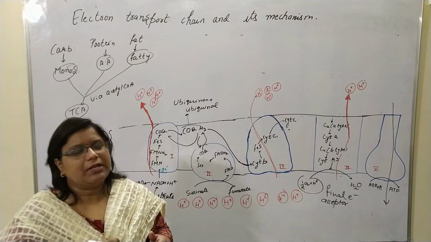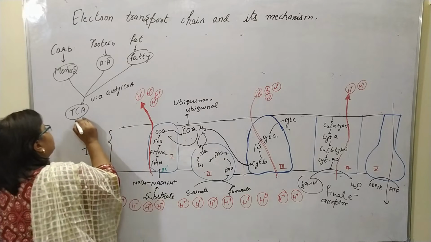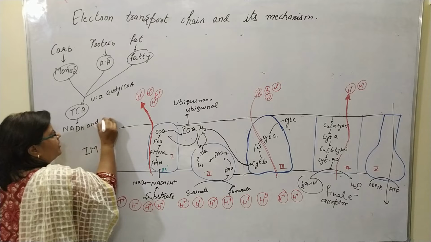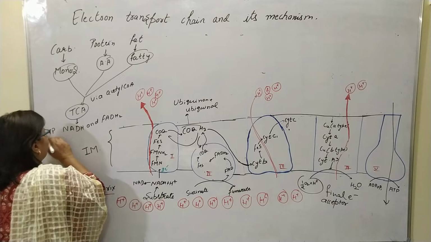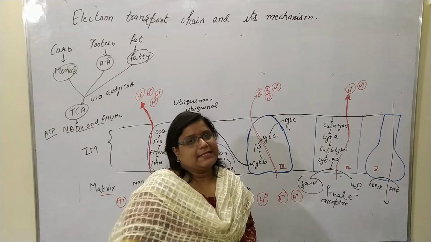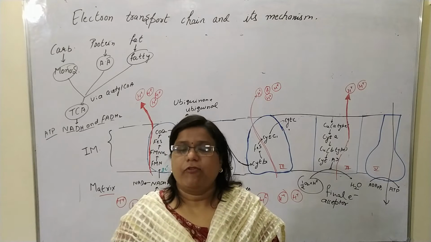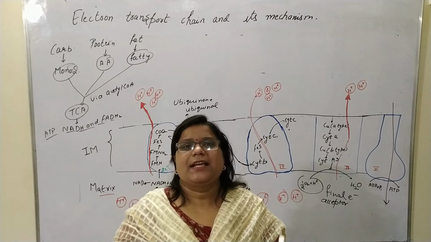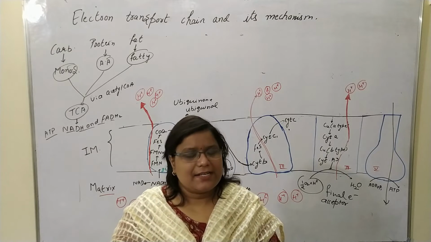Anyhow, they will enter into the TCA cycle, and by the TCA cycle they form the energy particles, that is NADH and FADH2, and ATP also. But the main thing is that ATP is the ready-made material for our cell. Ready-made means the cell can easily utilize the ATP and get the energy.